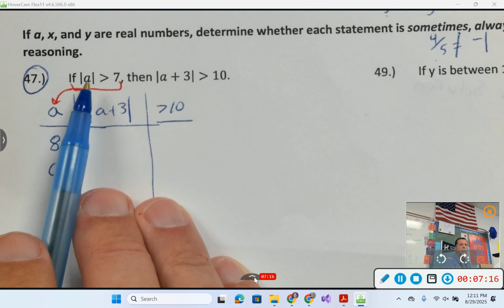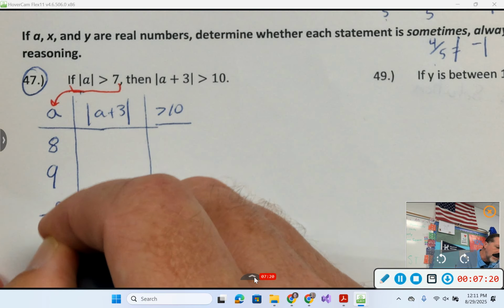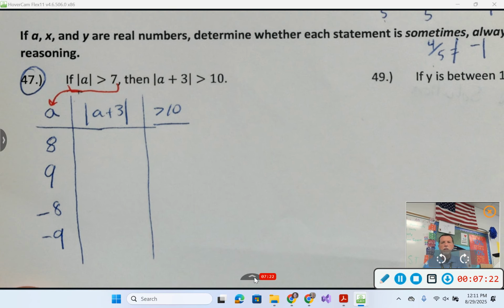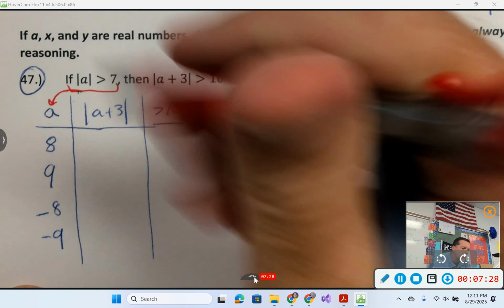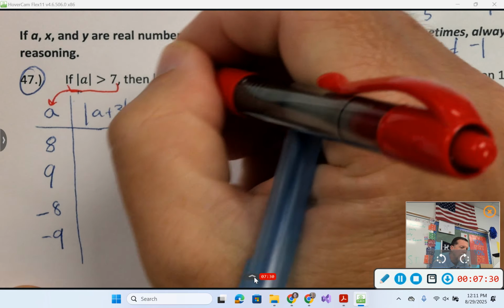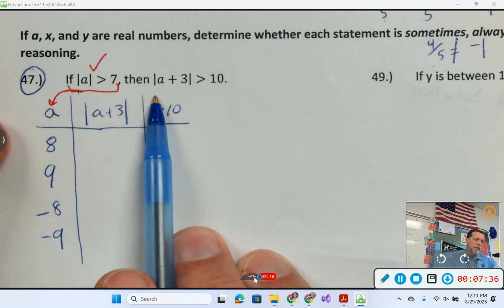What else could I plug in there? Yeah, let's try negative 8 and negative 9. All right, so I know those are true for the if part of the first statement. We picked values that are true for that. Now let's check and see what happens on the other side.